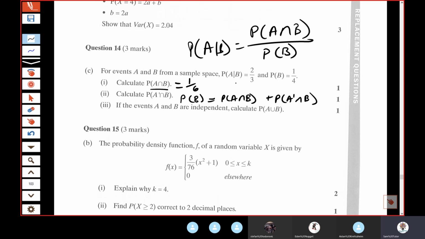So A and B is 1/6. Probability of B is a quarter. To get the one you want, you're just going to subtract a sixth from a quarter. Easy. 1/4 take away a sixth is 1 over 12, if we're not wrong.